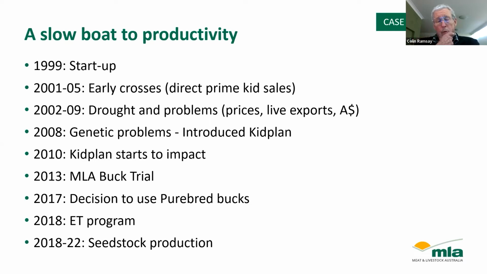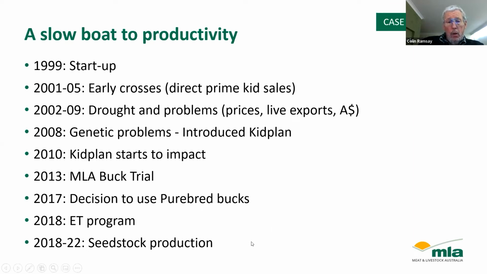The reason we were basically forced to do that is that we found the genetic performance of the purebreds was outstripping any full-bloods we could find. So we switched over, and that's what we do now. In 18, we ran yet another big embryo transfer program.